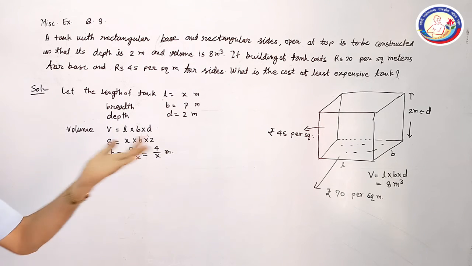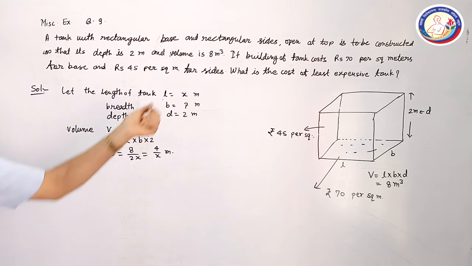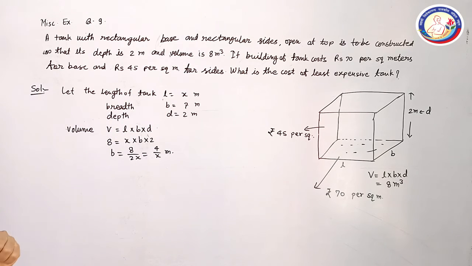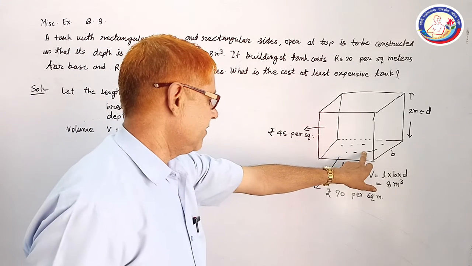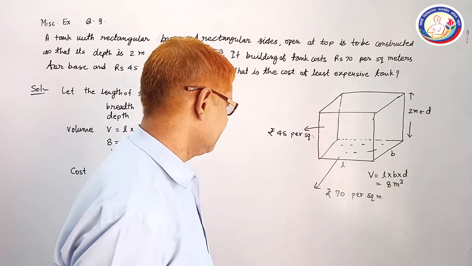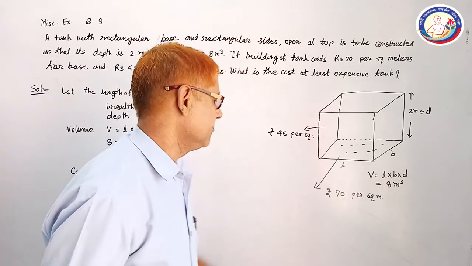So what is the cost? We must first find the cost function, the construction cost. C is, this is a base, rectangular base, and its area will be L into B.